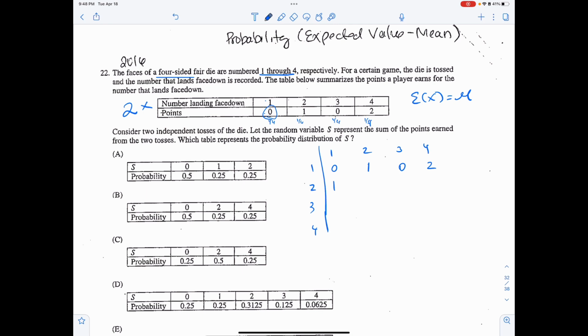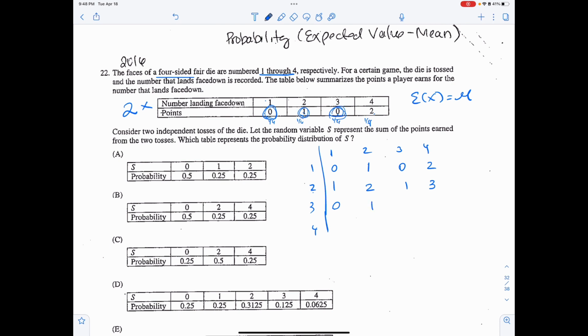If I roll a 2 and a 2, that'd be 1 plus 1, which is 2. A 2 and a 3 is 1 and 0. A 2 and a 4 is 1 and 2, which is 3. A 3 and a 2 is 1.